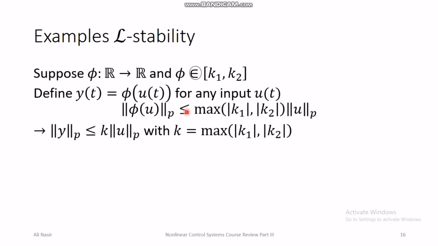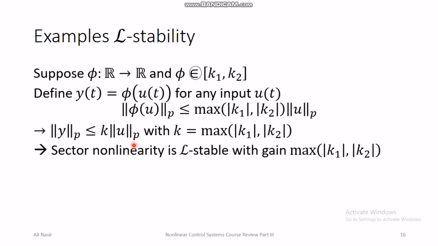In this case, because this is a sector nonlinearity, the magnitude of the output will always be less than or equal to the maximum of the two values in the sector times the input to the nonlinearity. So if K is the maximum of K1 and K2, then the norm of y is less than or equal to K times the norm of u. The sector nonlinearity is small gain stable with gain equal to the maximum of K1 and K2.